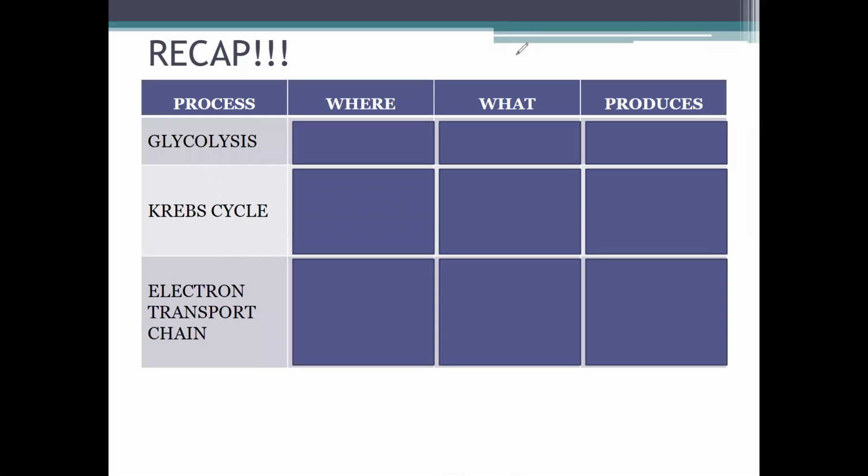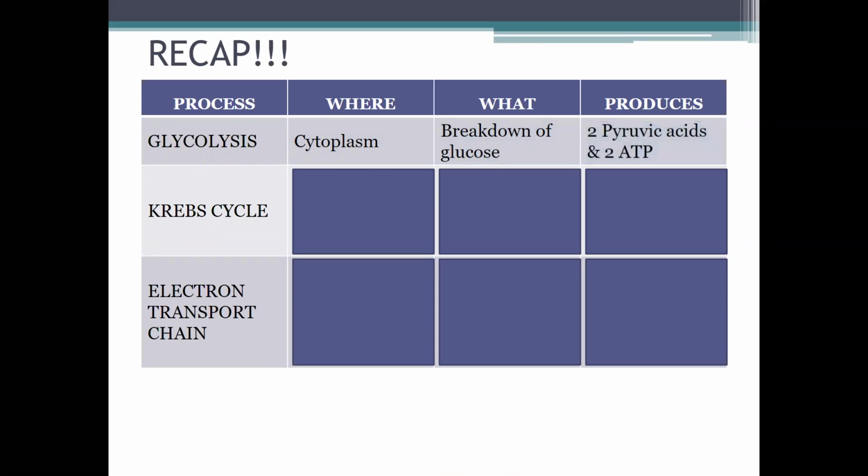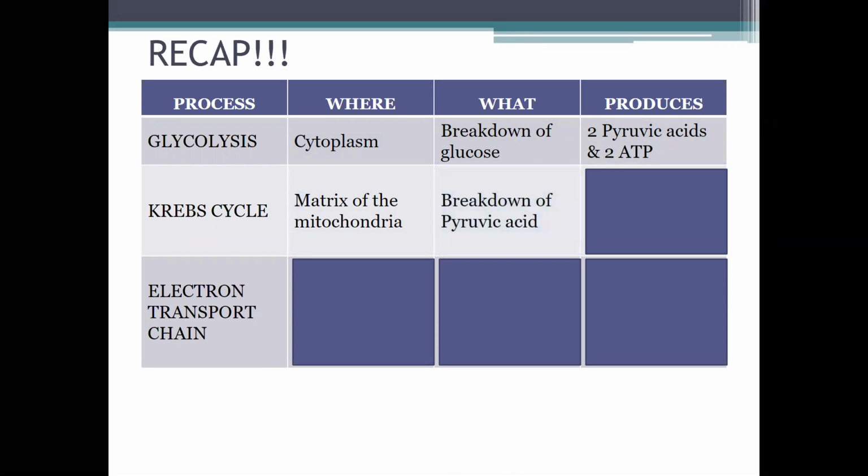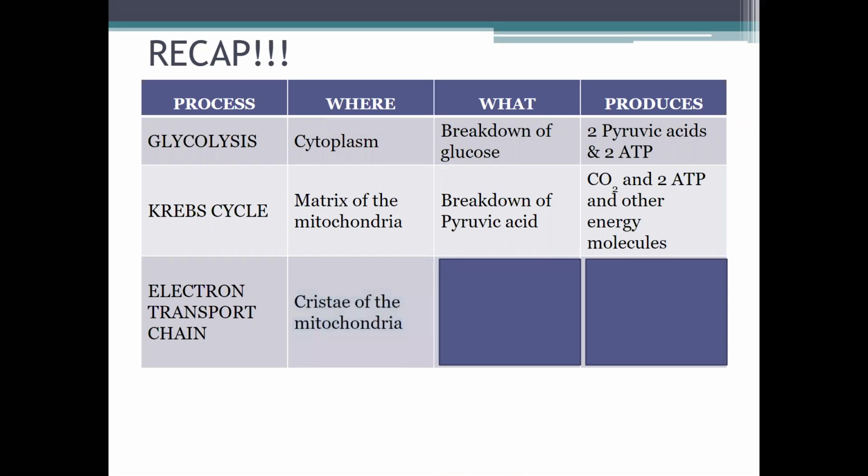So here's your recap. Here's what you need to know about each part of this, okay? Glycolysis happens in the cytoplasm. It breaks down glucose and produces 2 pyruvic acids and 2 ATP overall. Your Krebs cycle happens in the matrix of the mitochondria, breaks down pyruvic acid, and produces carbon dioxide and 2 ATPs overall. Your electron transport chain happens in the cristae of the mitochondria.